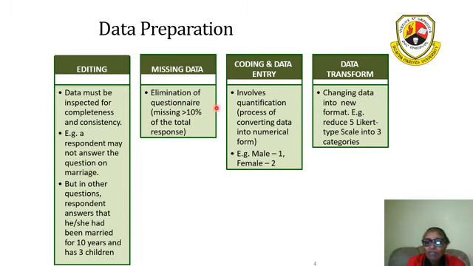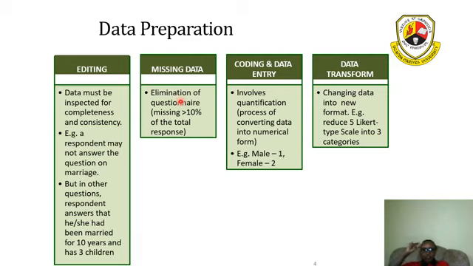Now we may have missing data. Maybe you've asked several questions, and a particular important element has been missed. Take an example. You may have given questions on mobile phone usage, and maybe you talk about duration of usage, how many times somebody has used it, if they have a phone or not, and so on and so forth.